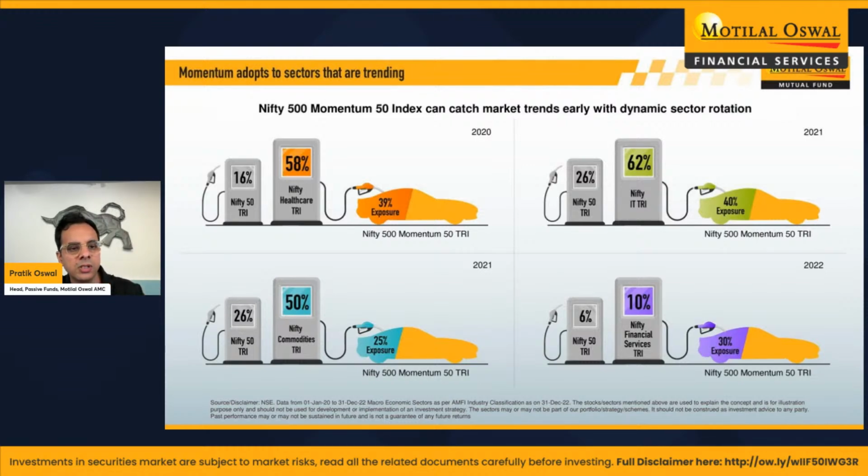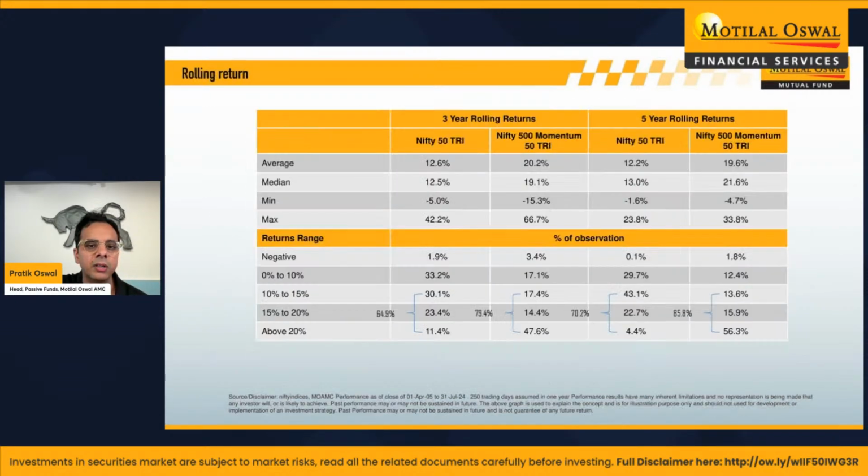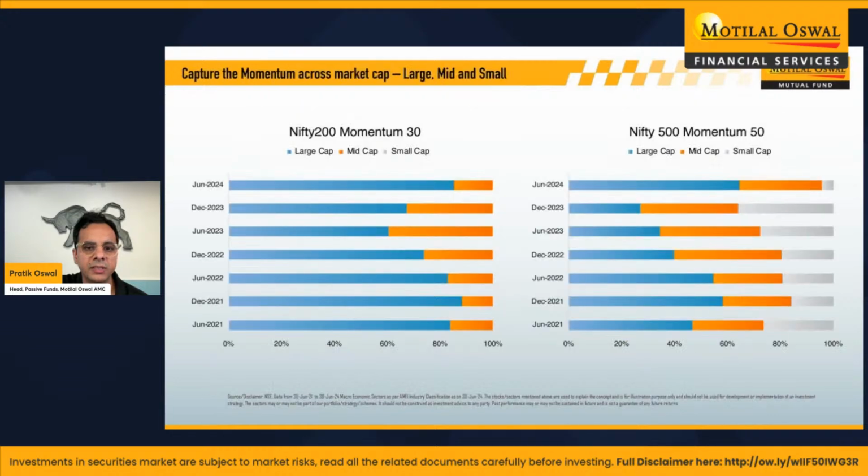So again, style agnostic, sector agnostic, and very important, also cap agnostic. This is a large, mid, and small cap fund. Whenever small caps do well, small cap exposure goes up. Whenever large caps do well, large cap exposure goes up. As you can see, last year, small caps, as you remember, did really well, and it had a 35% exposure to small caps.